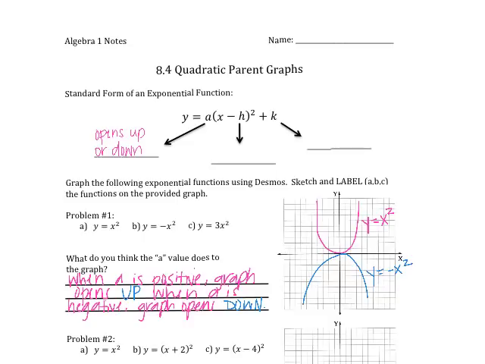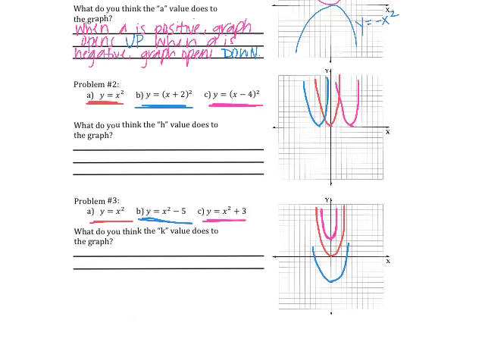Okay, so graph opens up or graph opens down. So I just redrew what I had from Desmos and kind of drew it over here. I know Desmos does it prettier, but you know.